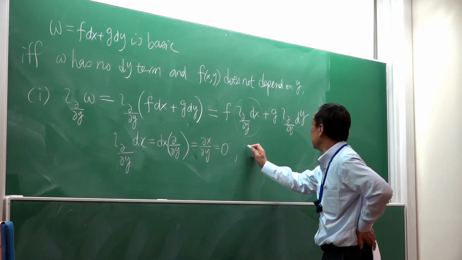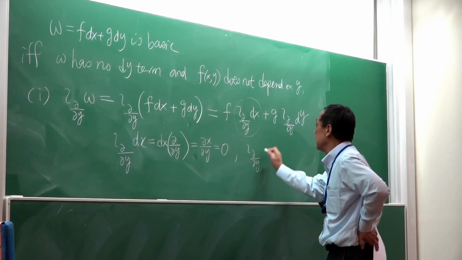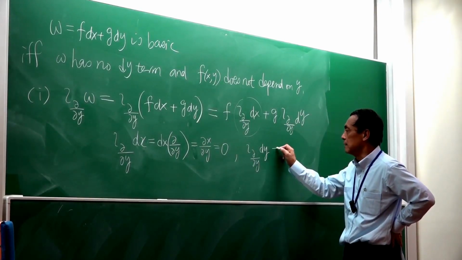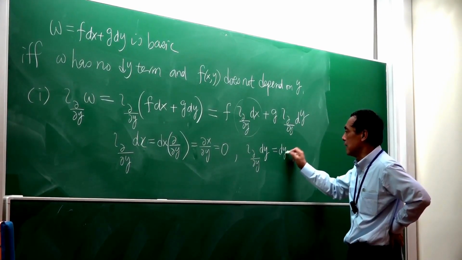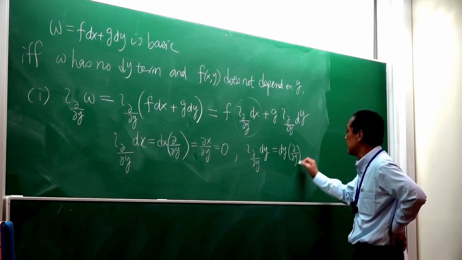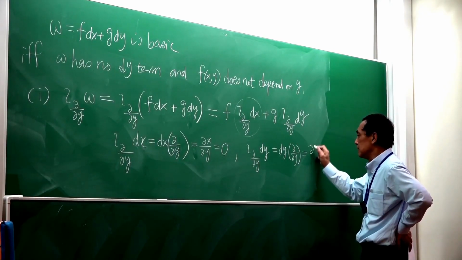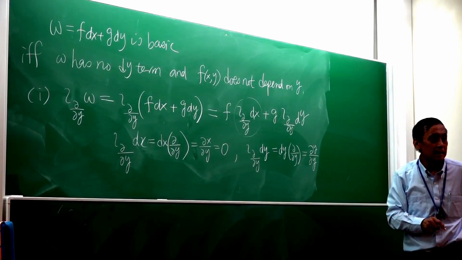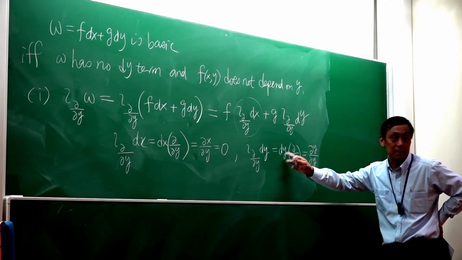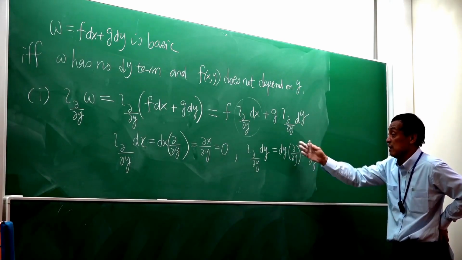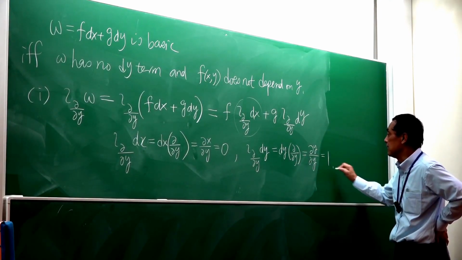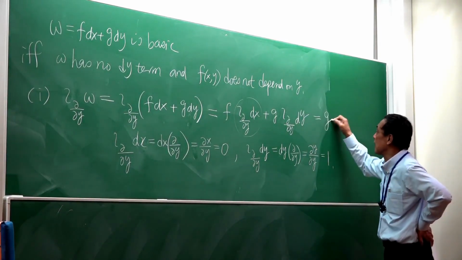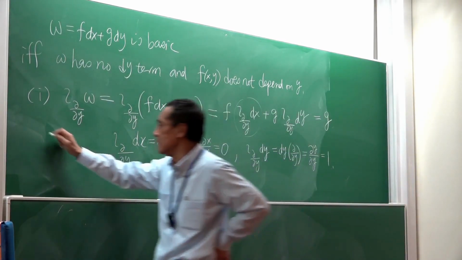And then I_{d/dy} dy is dy applied to d/dy, which is d/dy of y, that's the definition of df, and so 1. And so this is going to give us g.